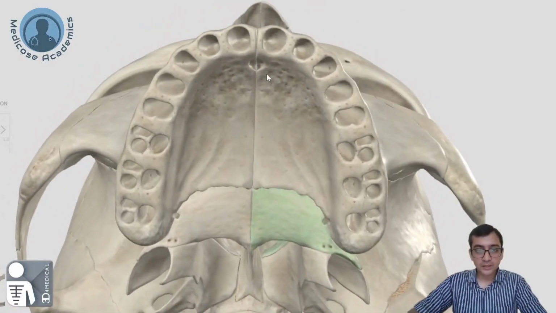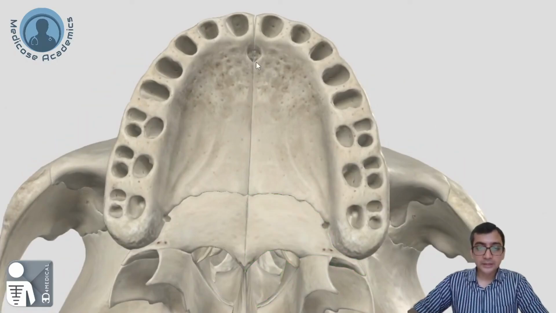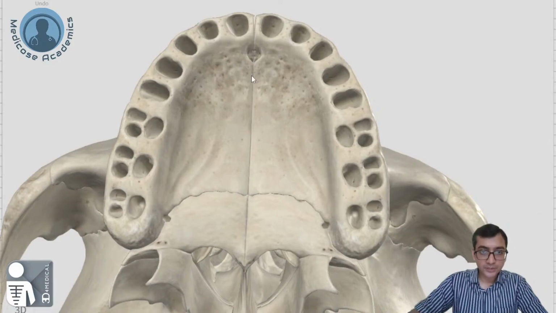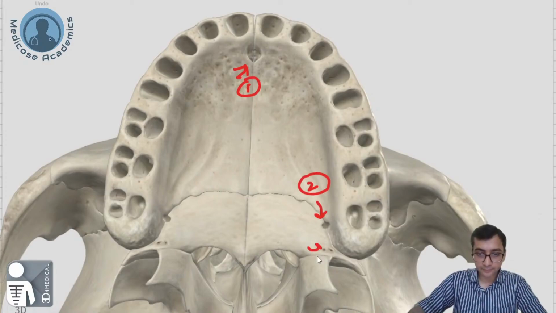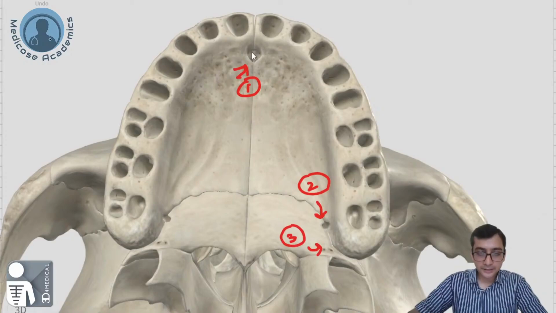First, I will discuss the three openings that are present here: opening number one, opening two, and opening three right here. This opening right here is called the incisive foramen.